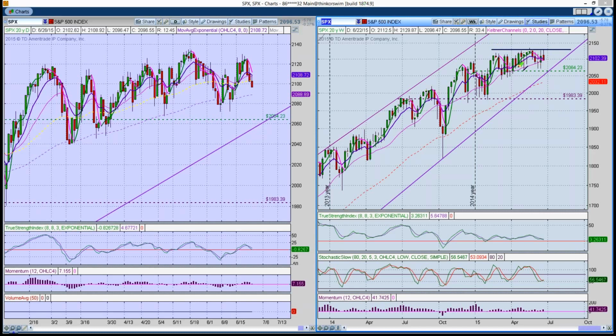Where might we go? Well, we also have this level of fairly good, well-defined support. And so it would not be surprising to see prices drop all the way back down to this level, just above the 2064 area, and then potentially ping pong in here all the way through September, with the potential interest rate hike.